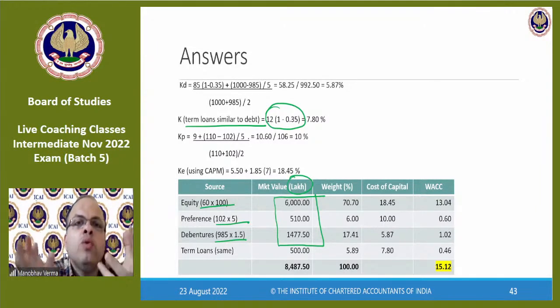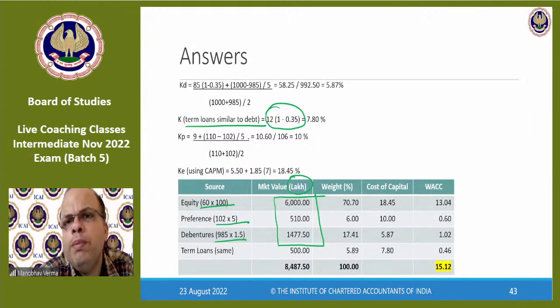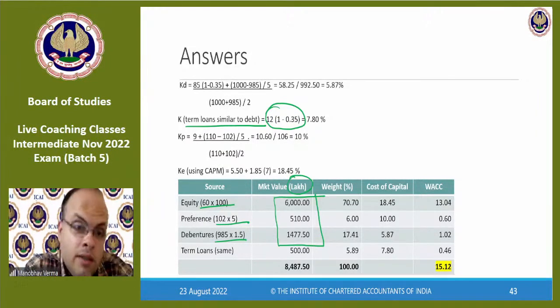So the investor would have got only net proceeds, net of flotation cost and even net of the tax. Flotation cost is anyway more from the perspective of a new issue. But when we're talking about distribution, the shareholder has to receive the dividends and pay tax on that, and that's why we do 1 minus T.